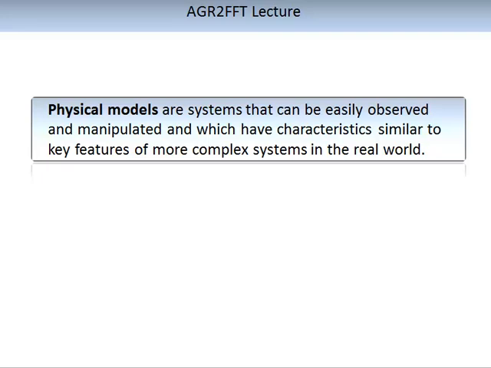Physical models are another type of model. A physical model is a system that can be easily observed and manipulated and which has characteristics similar to key features of more complex systems in the real world. Most commonly, a physical model is referred to as a simple model, but it can be distinguished from that of a conceptual model.